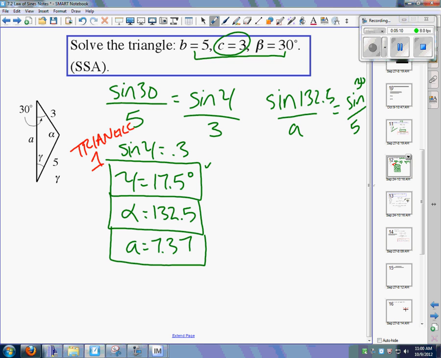Now we need to come back to when we had this. Because we're solving for an angle, we need to check and see if it can happen again. Sines are positive in quadrant 1. Sines are also positive in quadrant 2.